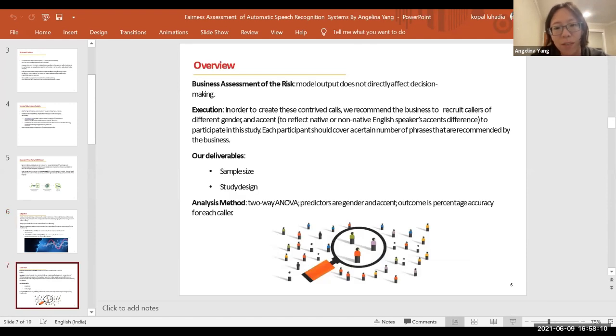So the overview of the study. We first evaluated businesses. We had business assess the risk of the model. This activity, we can see it as a social impact assessment.